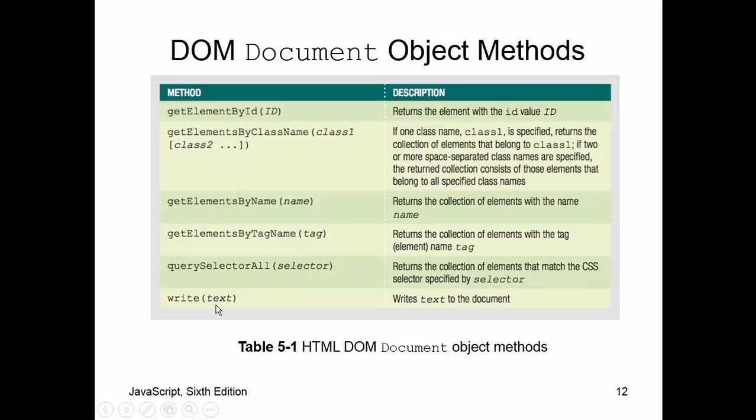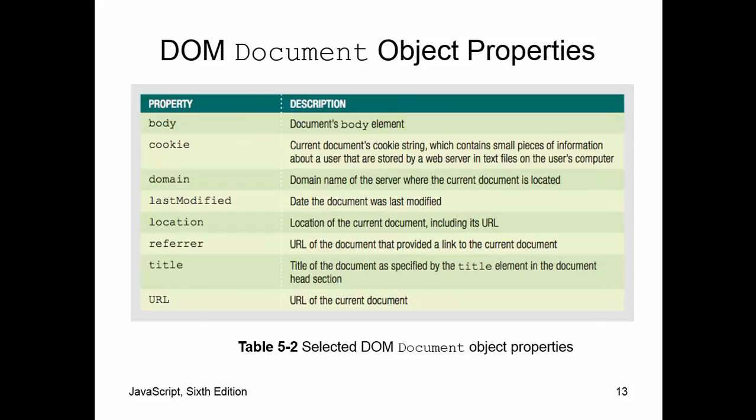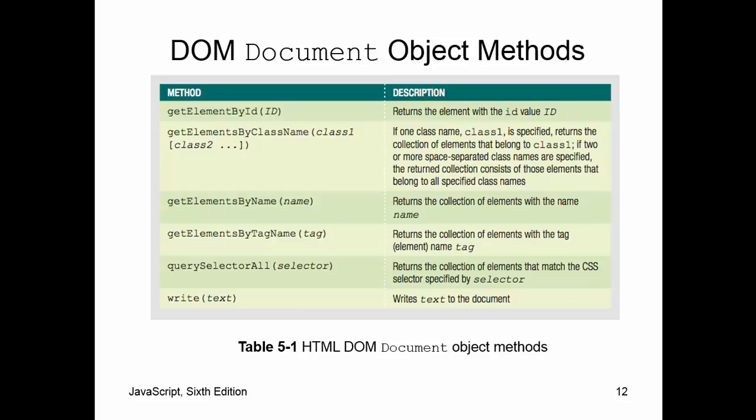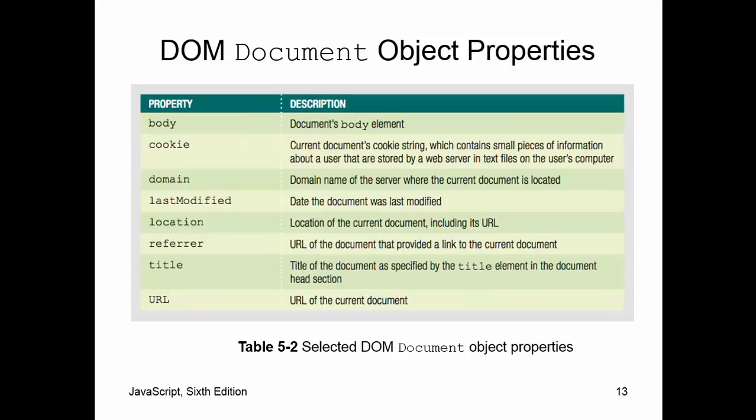So what you're going to learn in here, or start to learn in here, is how to programmatically manipulate your web page using the document object model. So not only does the DOM have object methods, again, methods are behaviors or functions, so to speak, that you can run, but it also has properties.